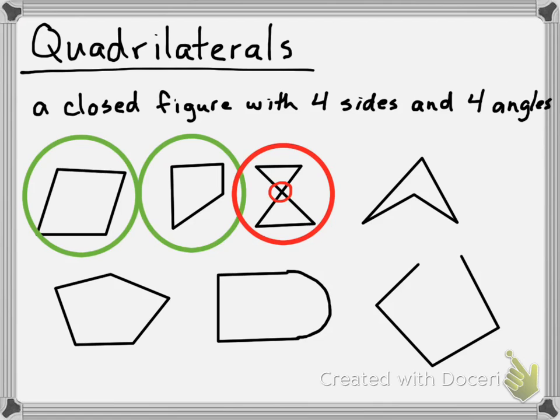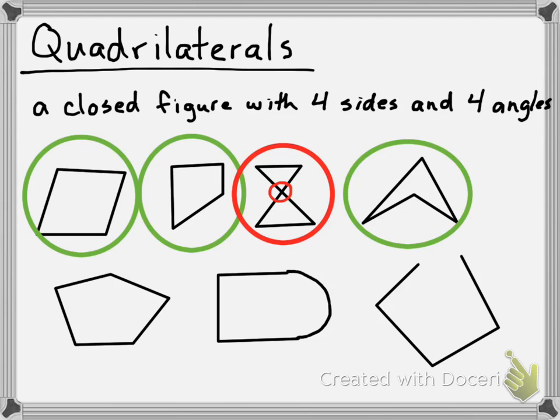Okay, so now this next one, again I have 4 sides. This one actually still has 4 interior angles, even though this one is an obtuse interior angle. It still has 4 interior angles. So this one is a quadrilateral.